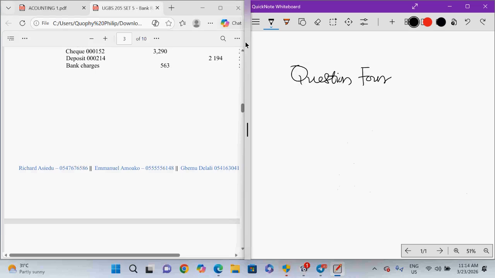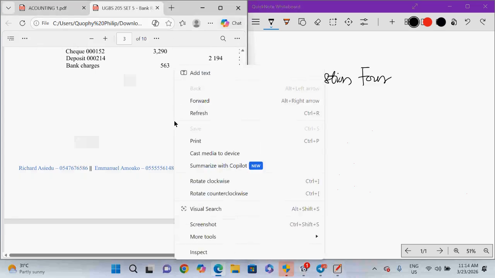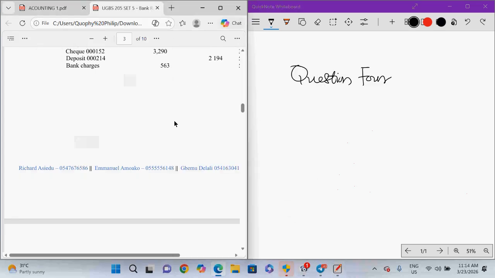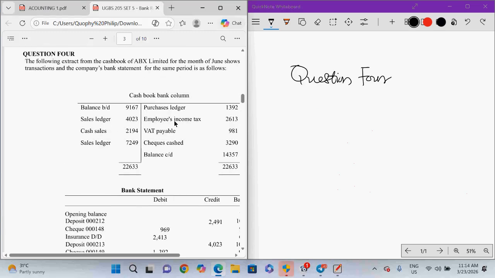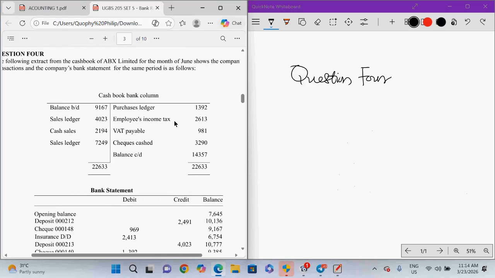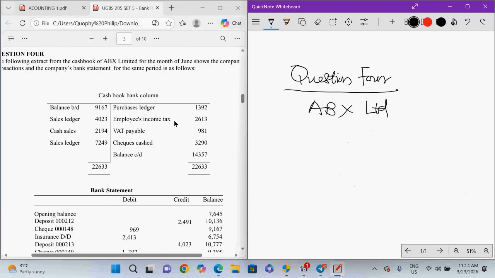ABX Limited. All right, so we prepare our adjusted cash book.